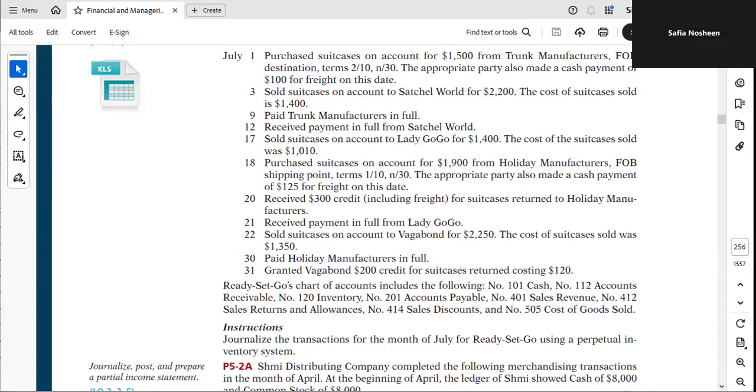Terms will be the same, and we sold at 2250, whereas the cost of sales was 1350. Just post it.